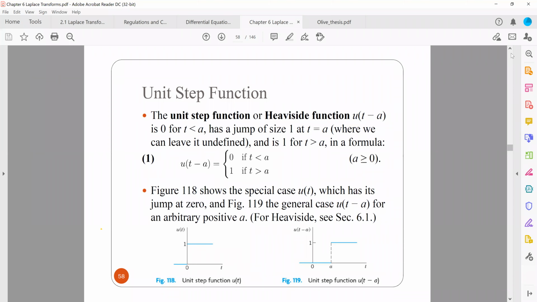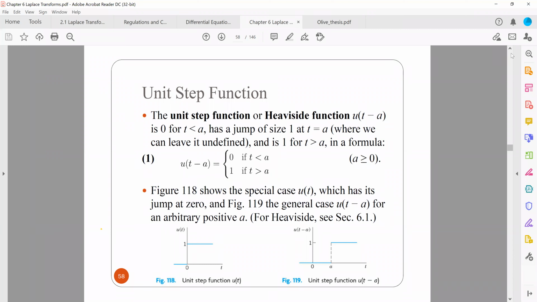So if I had to draw the minus 1, it would start from a and go downwards. But if I add u(t), that is positive 1, and I have minus u(t minus a), if I add them, it will end up going to 0. Because one will be minus 1, the other one will be 1.